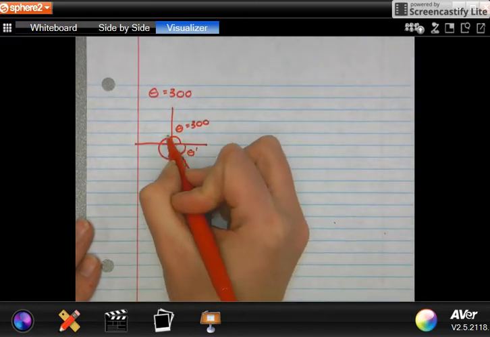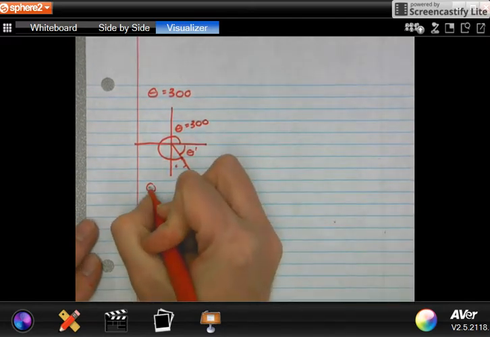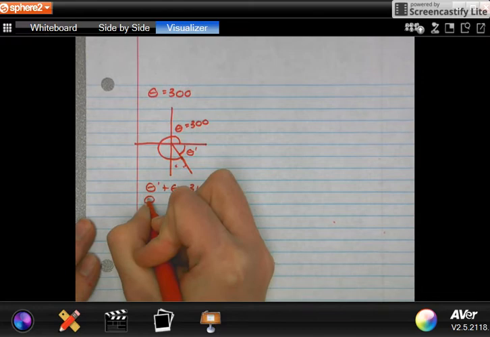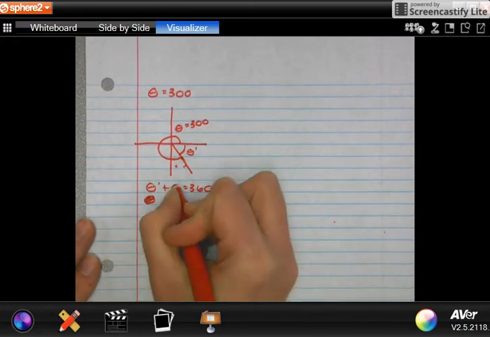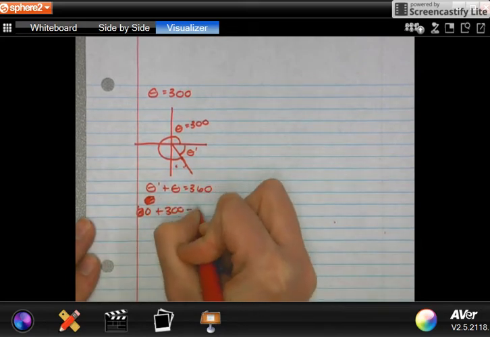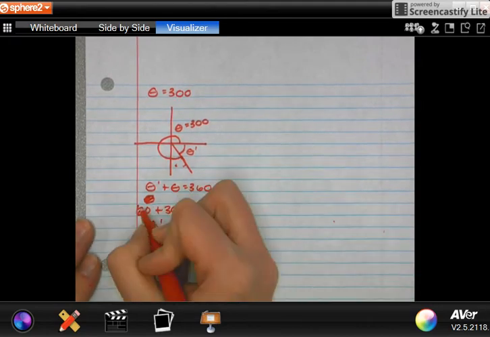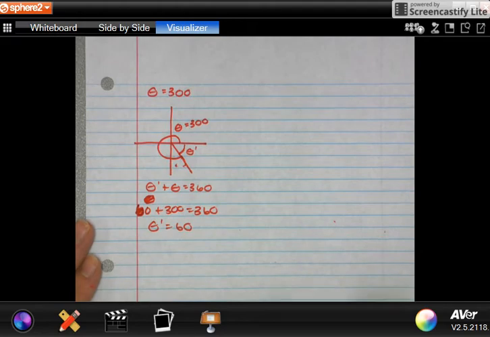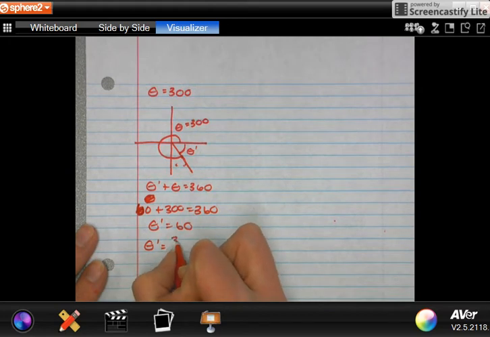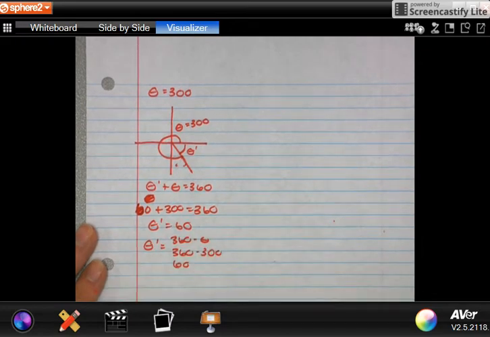Theta plus theta prime should be 360, and theta is 300, so theta prime would have to be 60. You can also use the formula from the last page, that theta prime is equal to 360 minus theta. 360 minus 300 is 60.